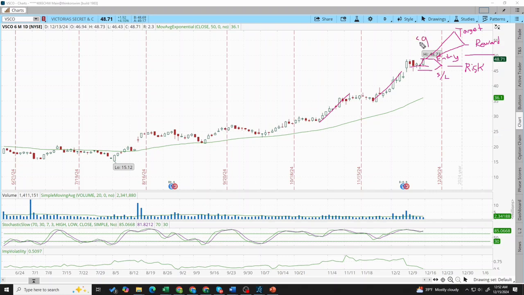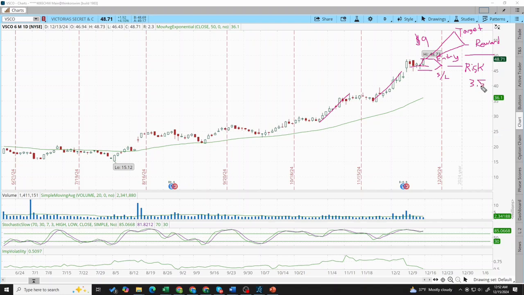That's $9 out here that I have in my favor. And if I'm wrong, I'm getting out down here around, we'll call it 45.25. That's $3.50. 45.25 is $3.50 of risk.